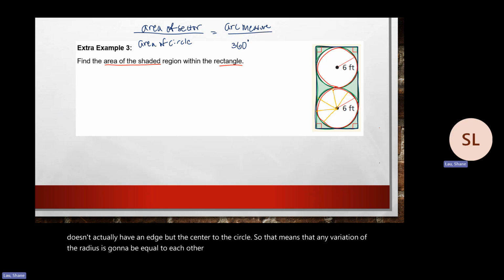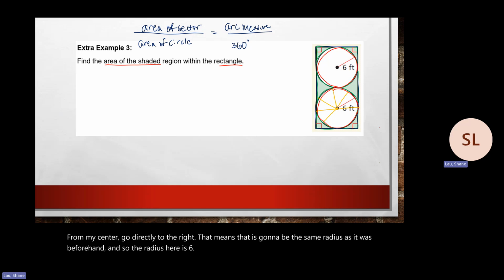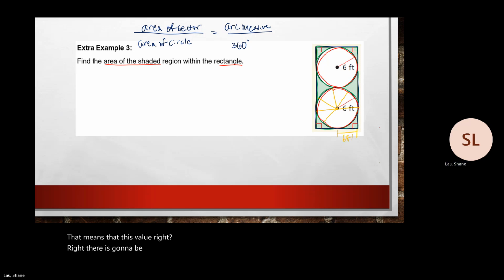This is helpful because I know that if I go from my center directly to the right, that is going to be the same radius as it was beforehand. And so the radius here is 6. That means that this value, right there, is going to be 6 feet.